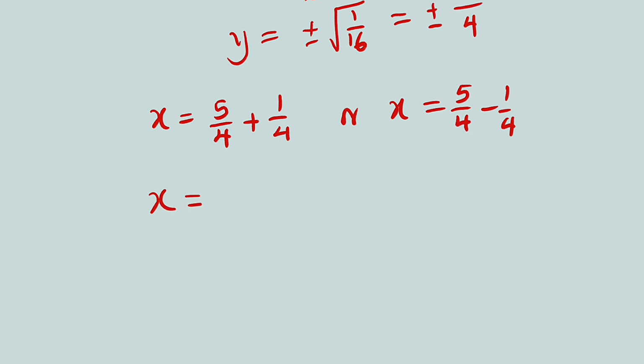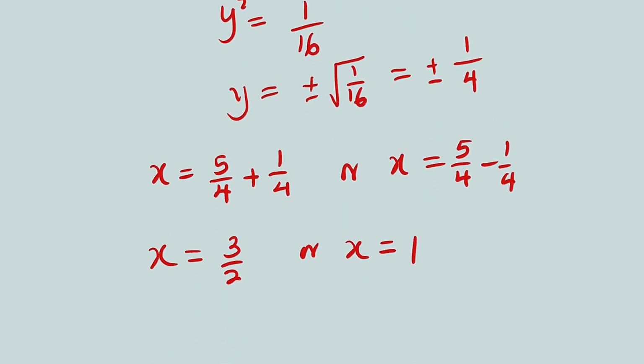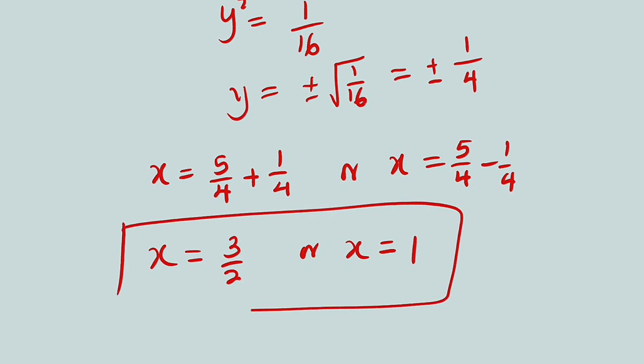X equal to 5 plus 1 is 6, and 6 divided by 4 to the lowest term is 3 divided by 2, right? Or x equal to 5 minus 1 is 4, and 4 divided by 4 is 1. This is question number 2. Let's move on to question number 3.